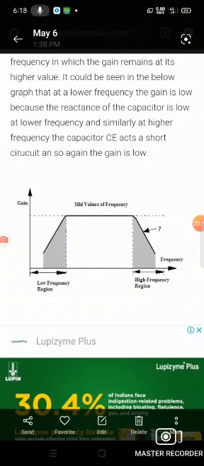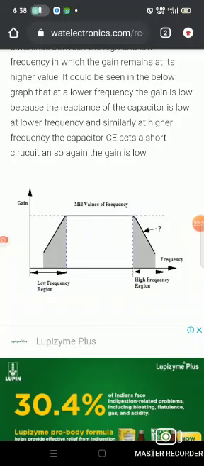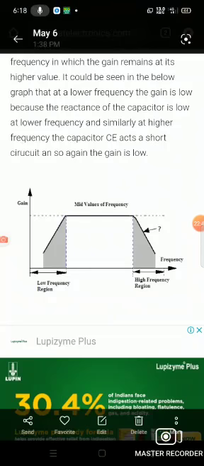But practically we have to take that graph and consider the response curves at the three different frequency regions: first stage, second stage, third stage, etc., up to the nth stage. And one more thing here is the gain and bandwidth relation in this frequency response graph. Generally the gain and bandwidth relationship is inversely proportional.